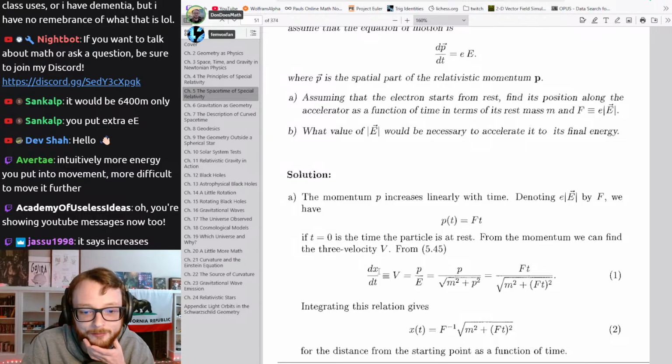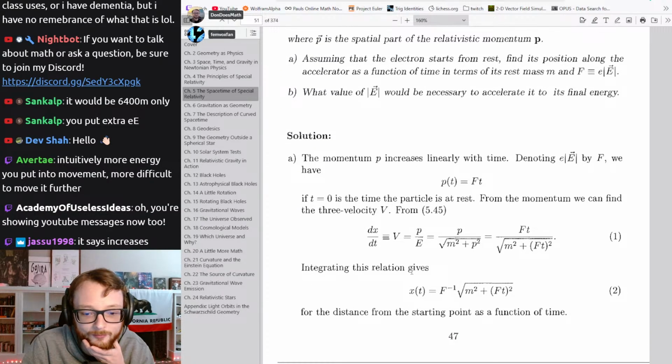They find the 3 velocity by saying that 3 velocity is equal to momentum over energy. Well, you're right. It wasn't as simple as I was making it. I would never have thought to do this. Nope, me either.